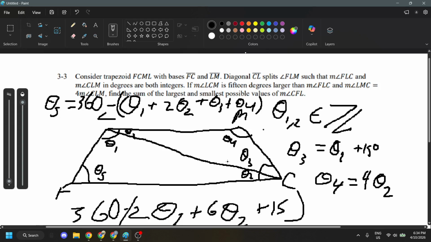We know that them added together, what do we know? Measure with LCM. Do we know anything else about this triangle?